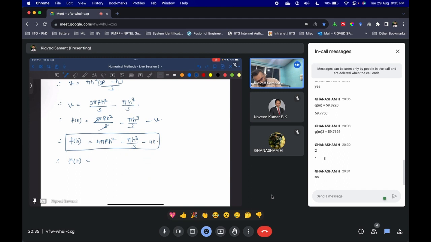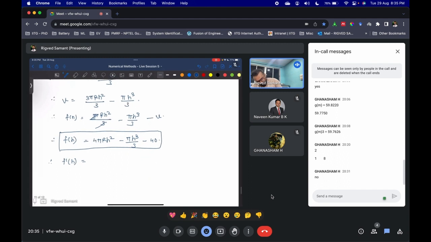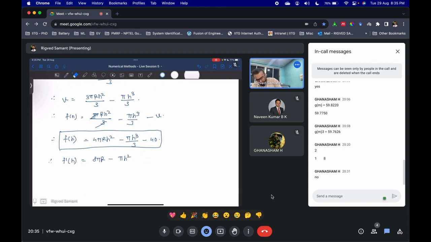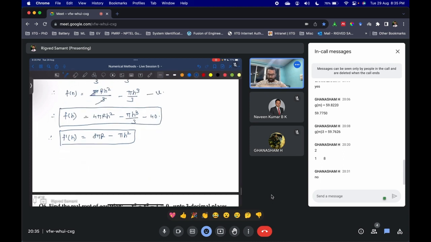So f dash h is equal to, I just have to differentiate with respect to h, 8 pi h minus, 3 will get cancelled, so pi h square minus 0. So this is not required. Right?